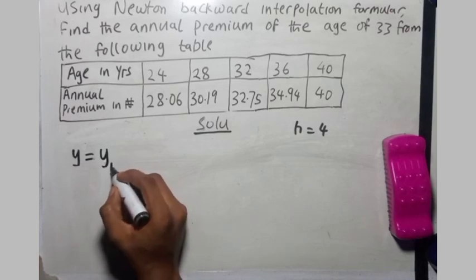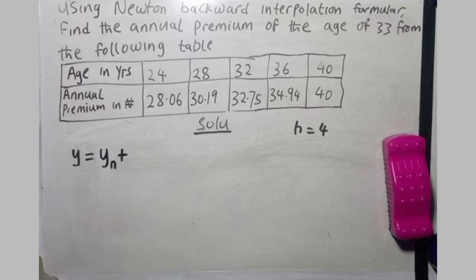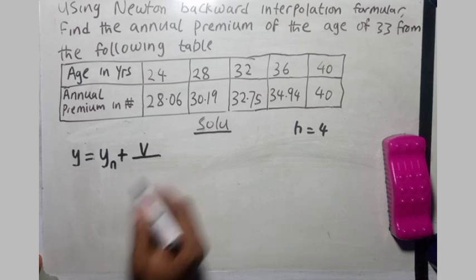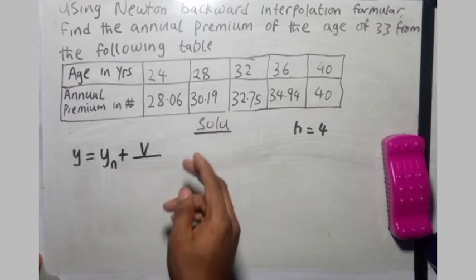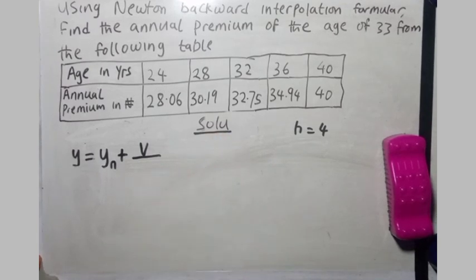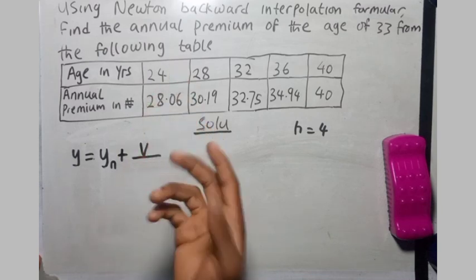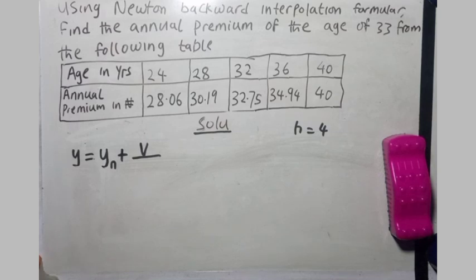This one will not be y0 but yn, your last y. Then you add it to v. Now v and u are almost the same. The only difference is that in u, you subtract the number given to you from the first number. For v, you subtract the number given to you from the last number. That's just a slight difference.